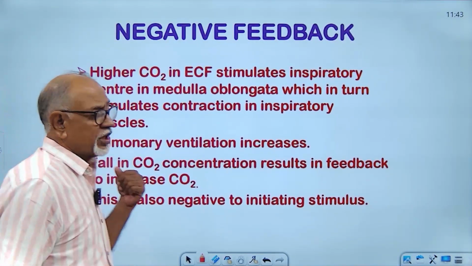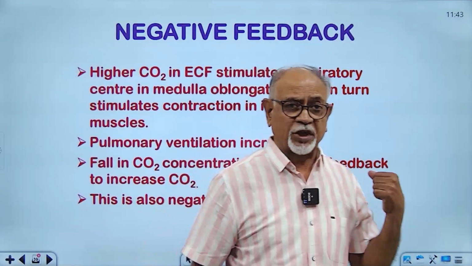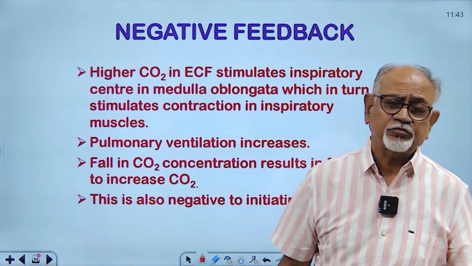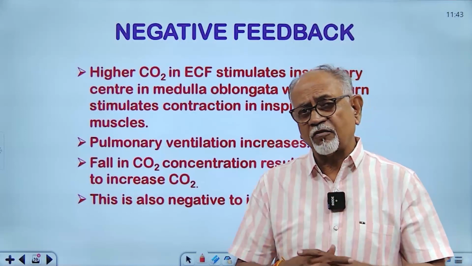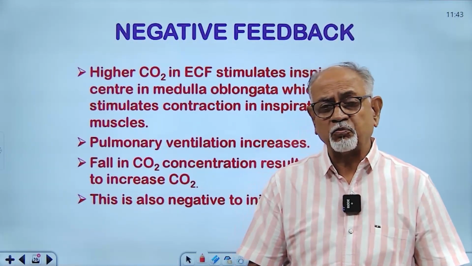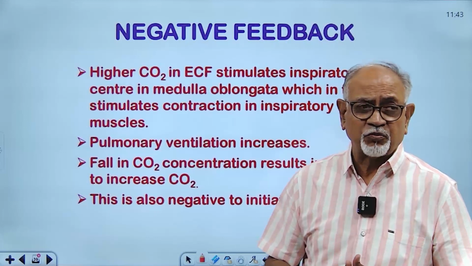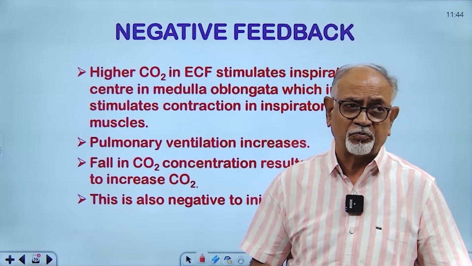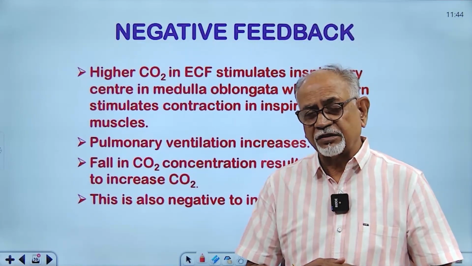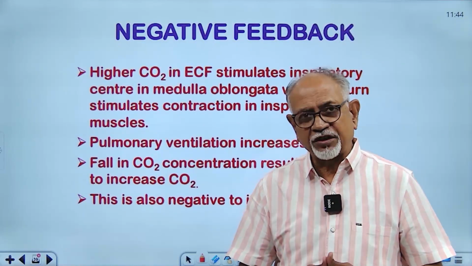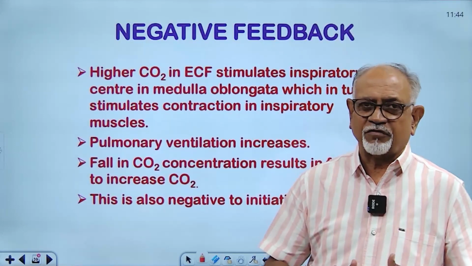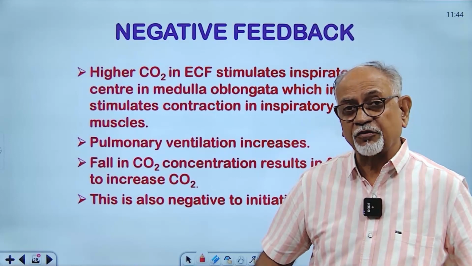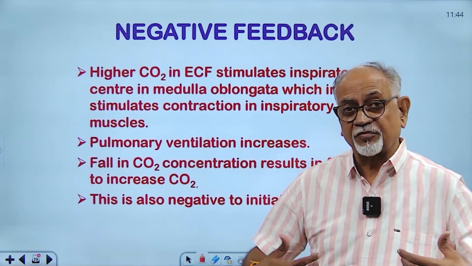Here are certain examples of negative feedback mechanism. One is the amount of carbon dioxide. When the amount of carbon dioxide increases in blood, a signal is sent to the respiratory center which is located in the medulla oblongata. The inspiratory center stimulates contraction of the muscles of the diaphragm and intercostal muscles, which stimulates the process of inspiration.